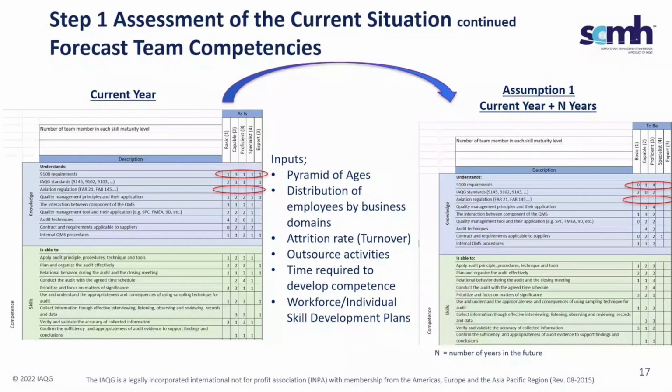But what we can see also in this example is that for the 9100 requirements, the line manager has considered that a basic and capable employee can reach the proficiency level in 3 years in this topic.